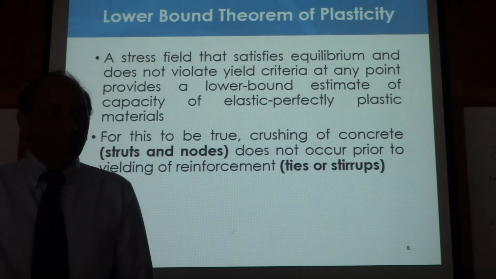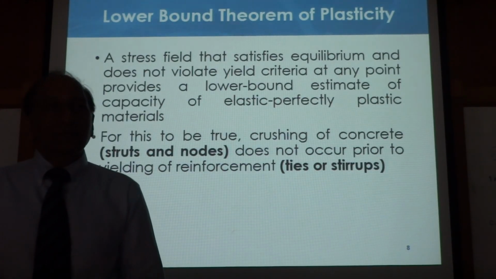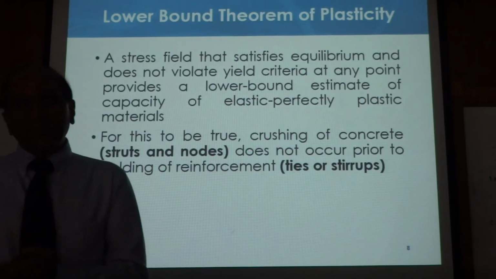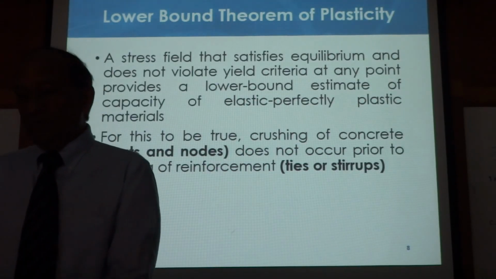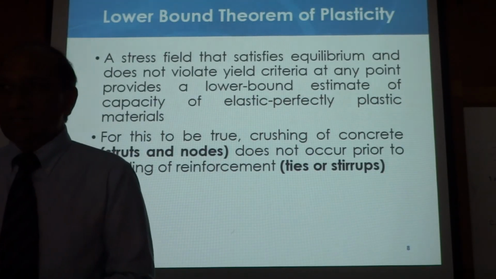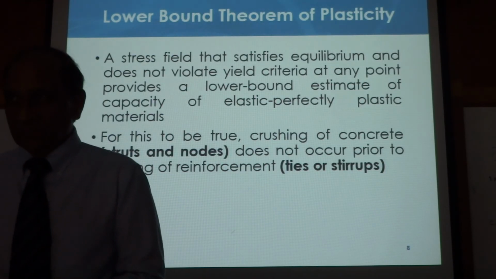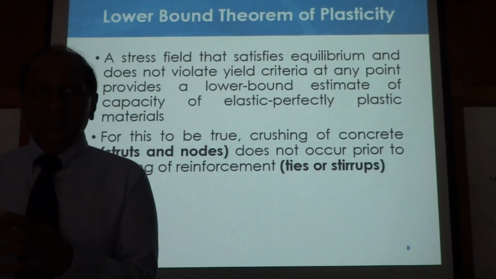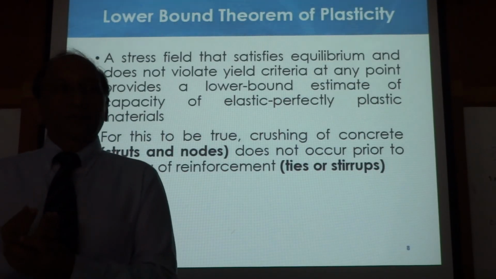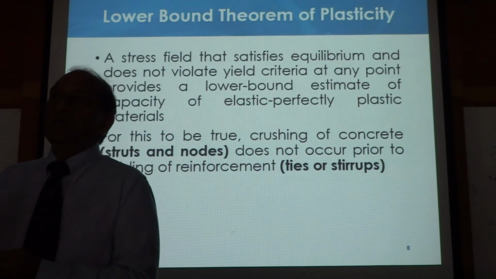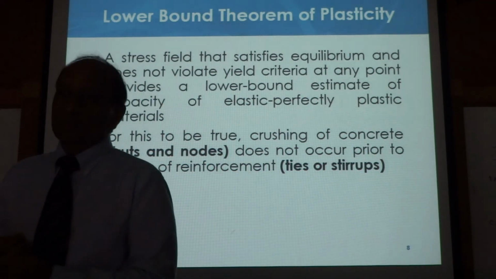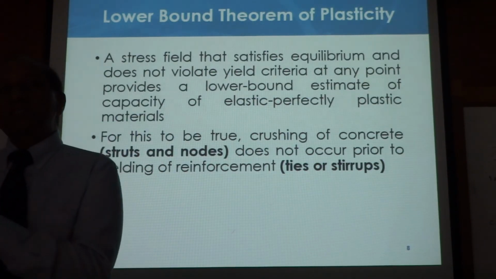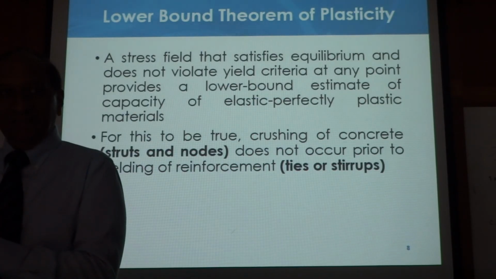So the capacity that you get from the plastic analysis will be lower than the actual capacity, because plasticity only makes the material flow at a certain location. So it is going to be a lower bound theorem. That means plasticity concepts will give you the least value, and the actual will be higher than that.